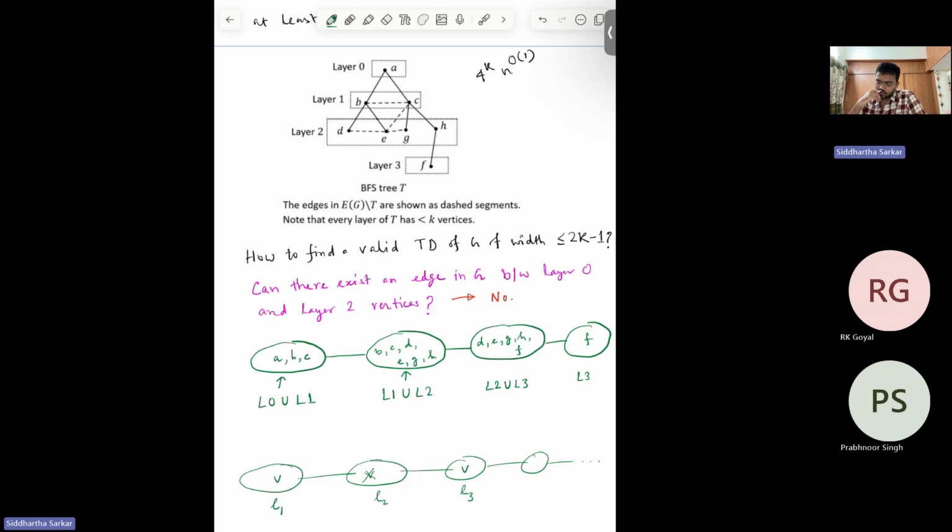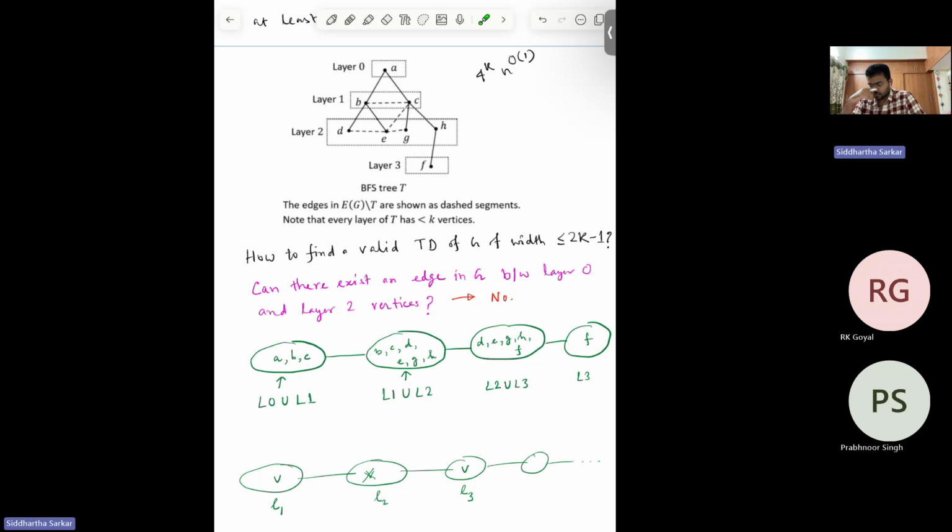If you move from the root to L1, you encounter V. If you move from root to L3, you also encounter V. But when you move from root to L2, you don't encounter V.